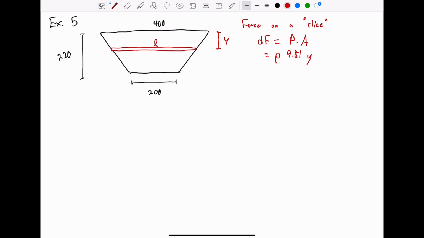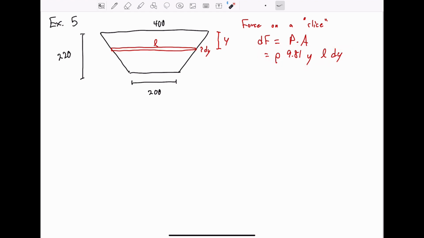And then the area is L times the thickness of this slice, which is a small change in y. The thickness is dy. So the area is L times dy. This expression gives us the total amount of force on a representative slice.